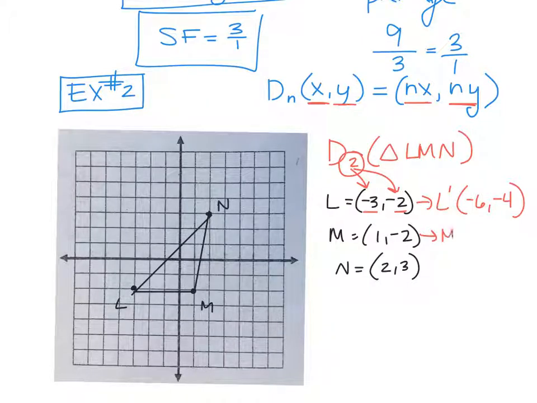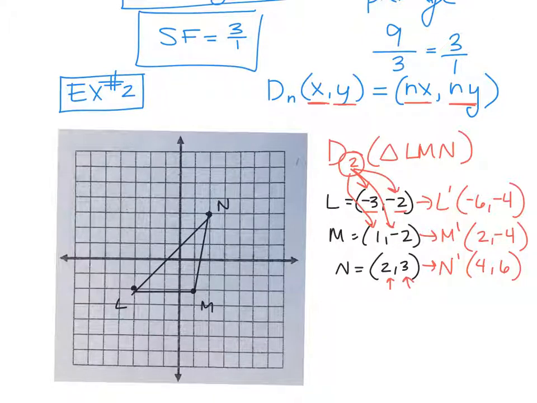So what would M prime be? 2, -4, right? I take that 2 and I multiply by both those things. So it'd be 2, -4. Okay. And then the last one, N prime? 4, 6. You're just doubling the 2 and the 3.